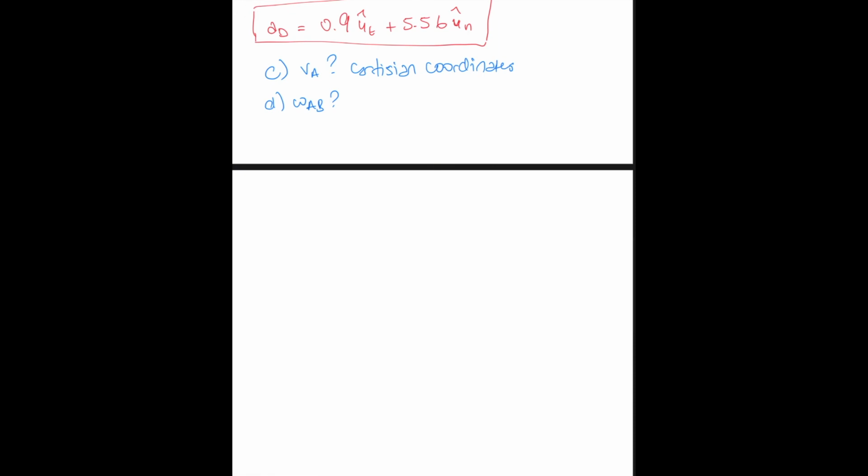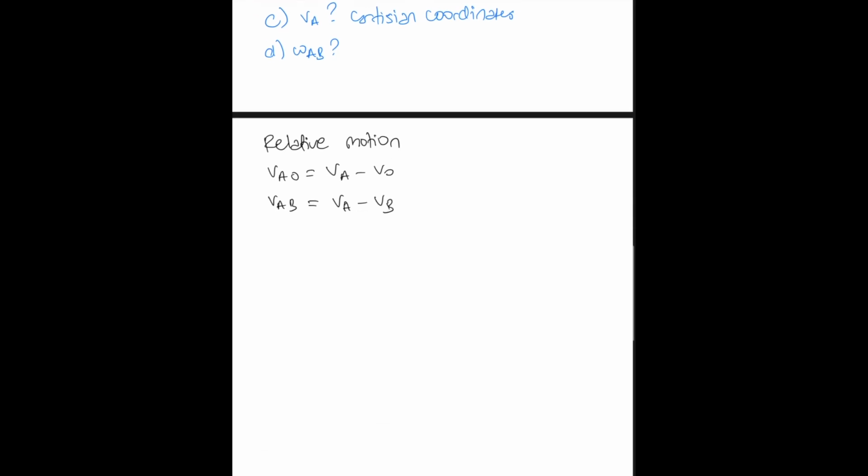Now to solve this, we're going to be using the relative motion again. VAO is going to be equal to VA minus VO, and VAB is going to be equal to VA minus VB.